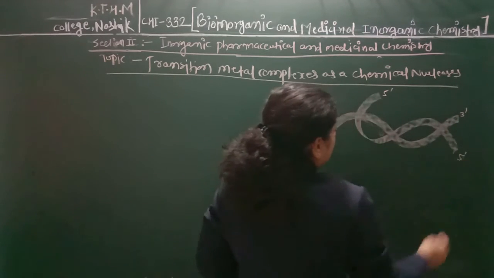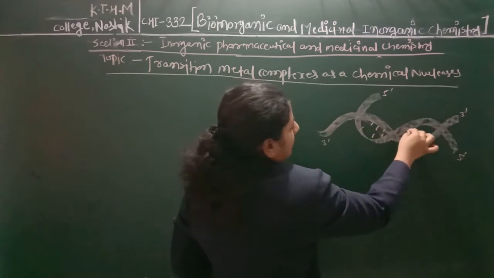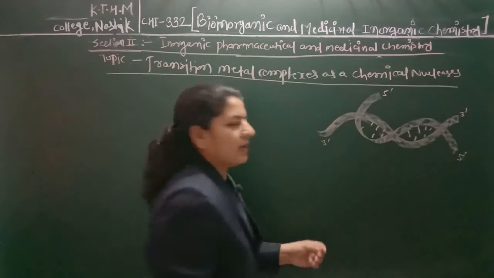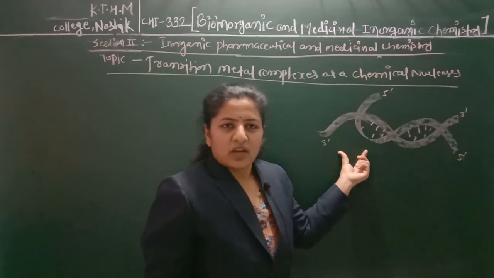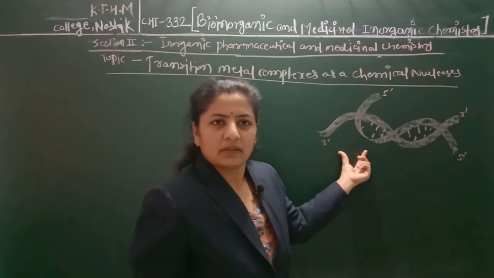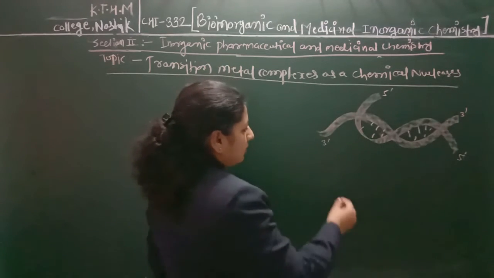In this strand, base pairs are available, that is adenine, guanine, cytosine, thymine and so on. Now, nuclease is an enzyme which can rupture the DNA bond either at the 3' end, the 5' end, or in the middle portion.